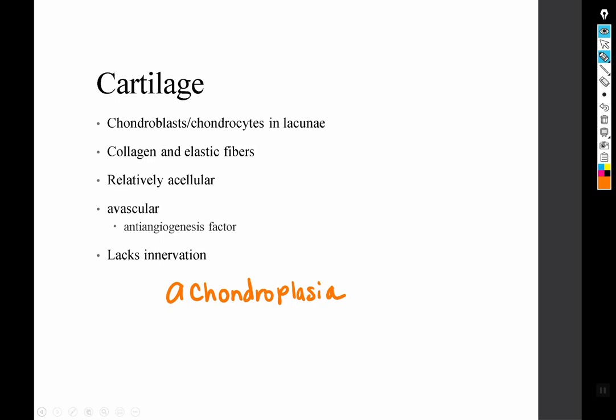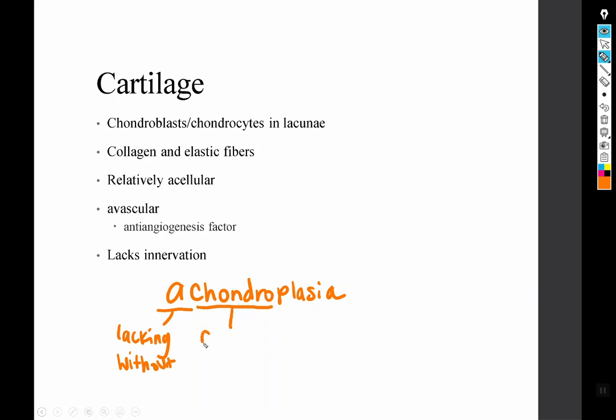So you might say, okay, well, I don't recognize this word, but I do recognize parts of it. So I can say A means lacking or without. Chondro or chond means cartilage.